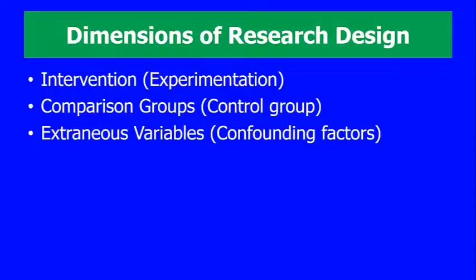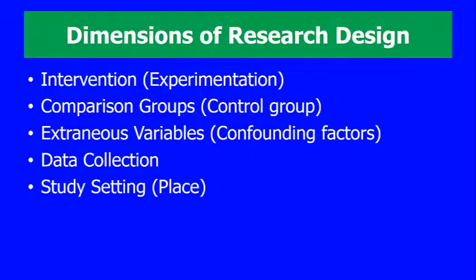Extraneous variables are very important because in addition to the dependent and independent variables that you are studying, extraneous variables exist, or these are factors that affect your result, but usually they are not a part of your study, but you have to consider them. Data collection is very important because the way you collect the data also will affect or determine the design. Study setting, whether you will do it in a laboratory or in the clinic, hospital, or at home, also this will make a difference.